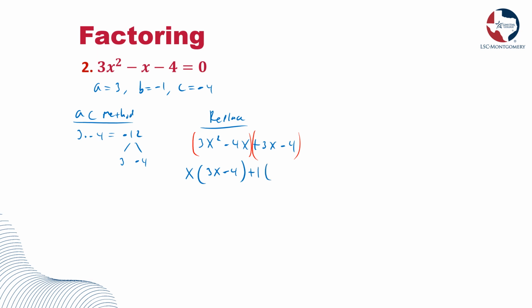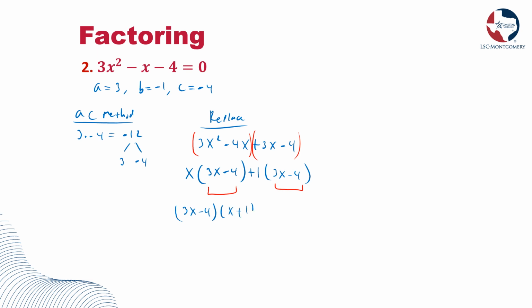It doesn't change the inside, however, what it does let us do is notice that the two parentheses are both 3x minus 4. So then we would pull out that common term of 3x minus 4. And then what's left over is the x plus 1.